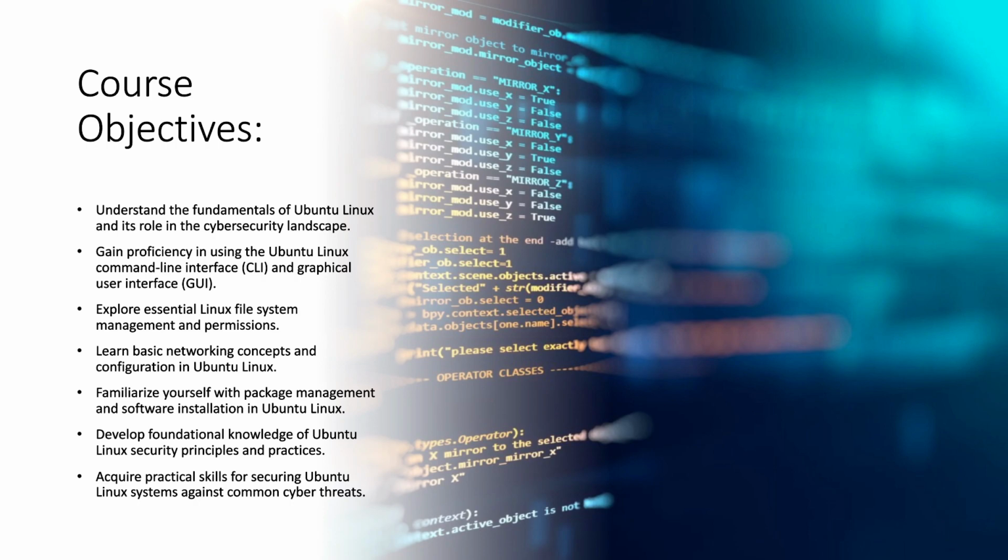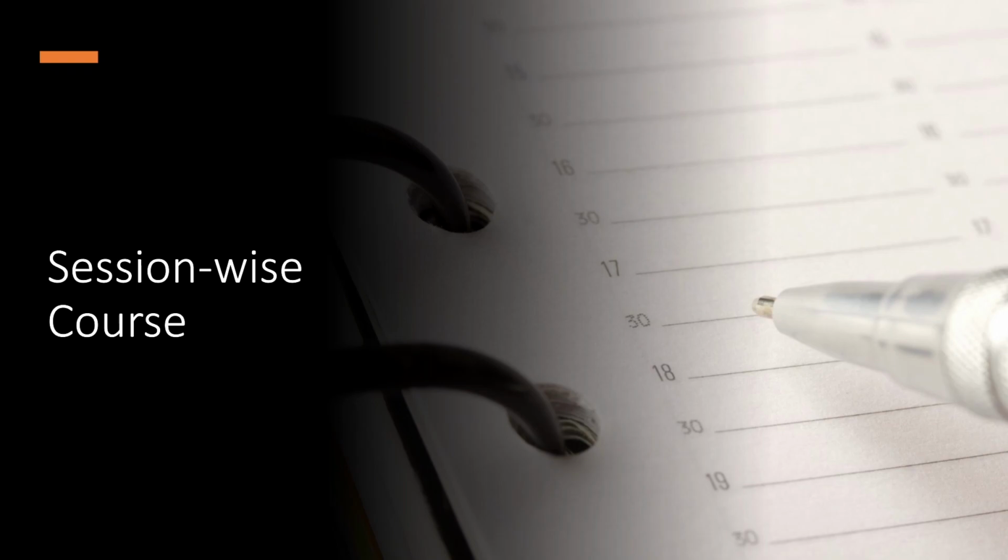Actually, familiarize yourself with package management and software installation in Ubuntu. Develop fundamental knowledge of Ubuntu Linux security principles and factors. Explore the essential Linux file system and permission management, and many other related topics.